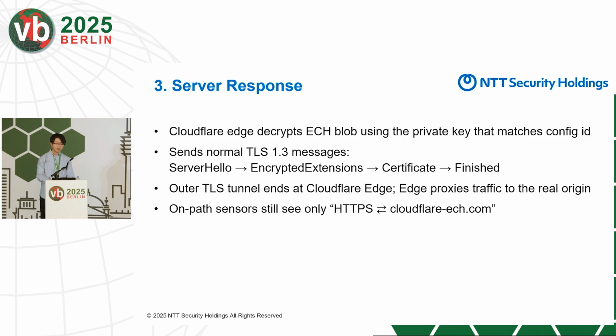To anyone in the middle, every packet still looks like plain HTTPS traffic to the Cloudflare domain, cloudflare-ech.com. The real C2 host name never shows up, so the attacker gains an end-to-end encrypted path for command traffic. And that completes the ECH handshake.